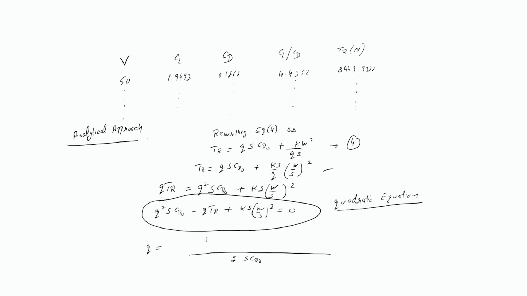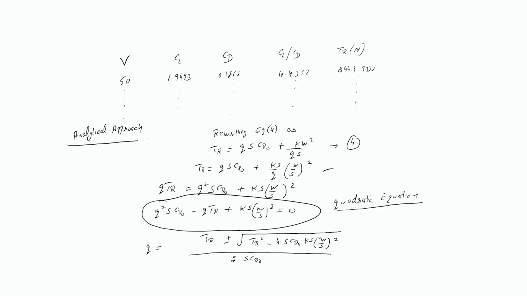So here we'll have minus B, which will be thrust required, plus or minus square root of B square minus 4AC: thrust required square minus 4S CD naught K S W by S whole square.